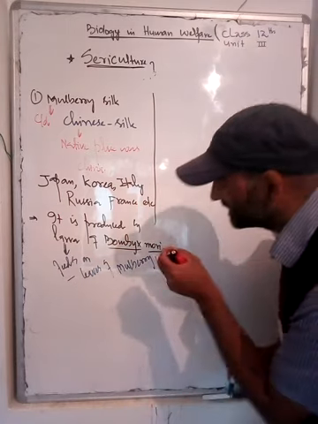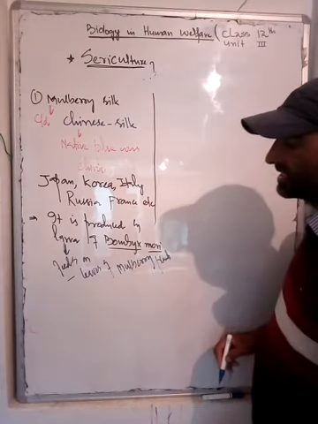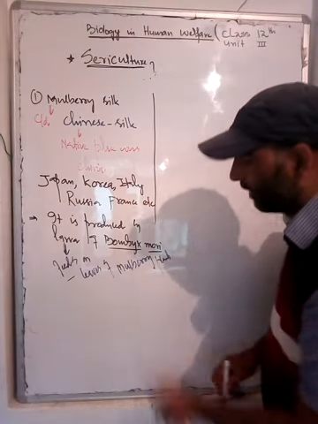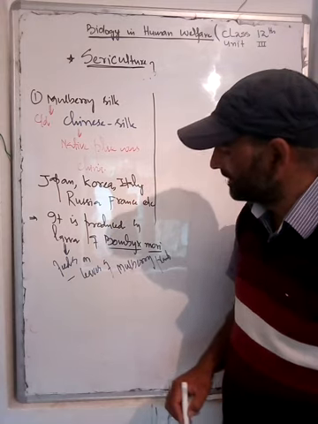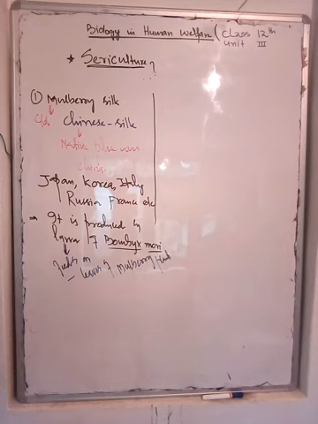That's why this silk produced by Bombyx mori is known as mulberry silk, and the larva of Bombyx mori is known as mulberry silkworm. This silk is most common.